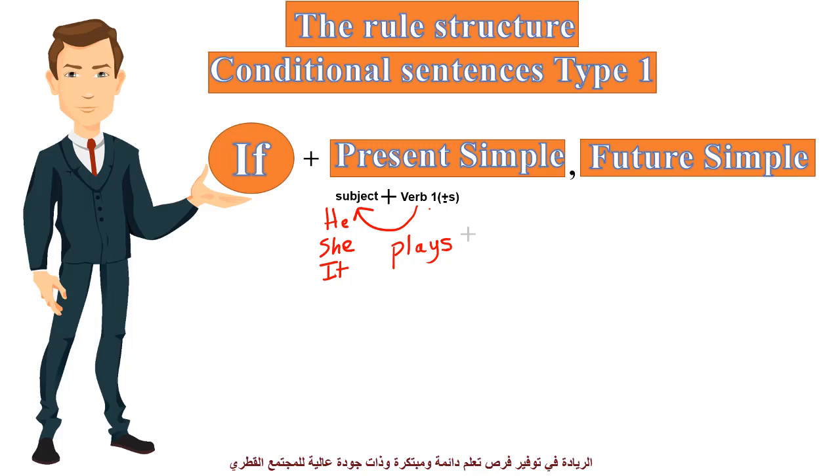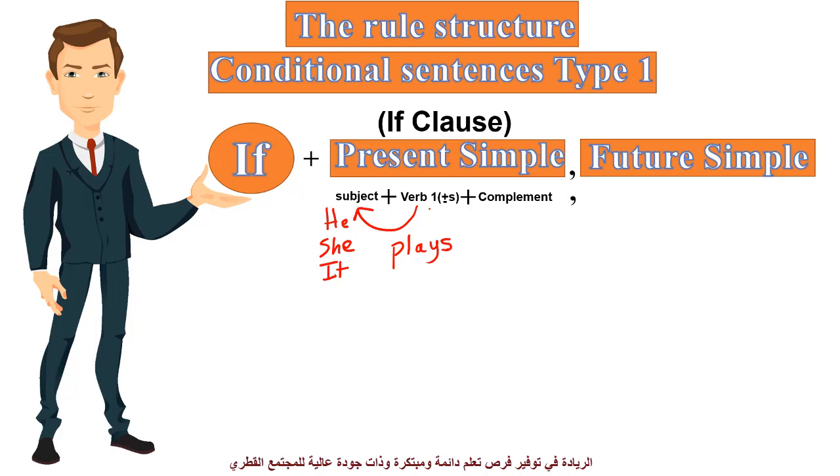Then we add the complement, and we call this part of the conditional sentence the if clause. Why do we call it if clause? Because it begins with if, with the conditional tool. A clause is a meaningless sentence that needs another clause.